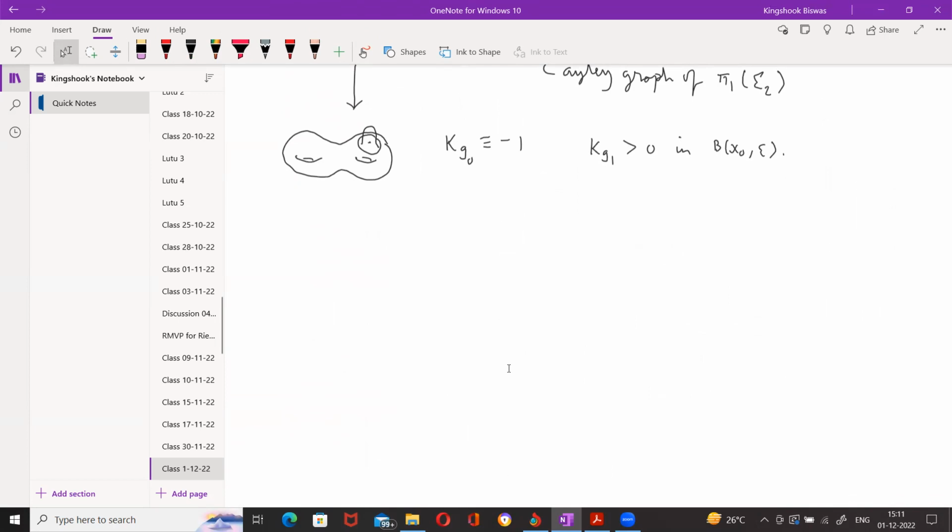So maybe, since in this session we don't have much time, let me just say a bit about a rank 1 symmetric space. I wanted to say a bit about the boundary.